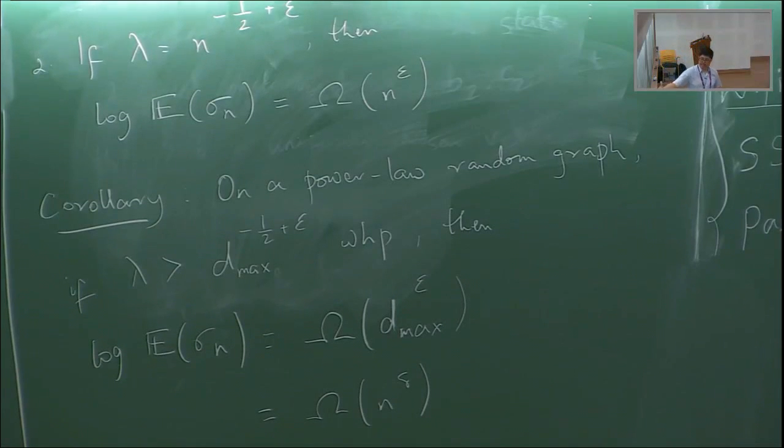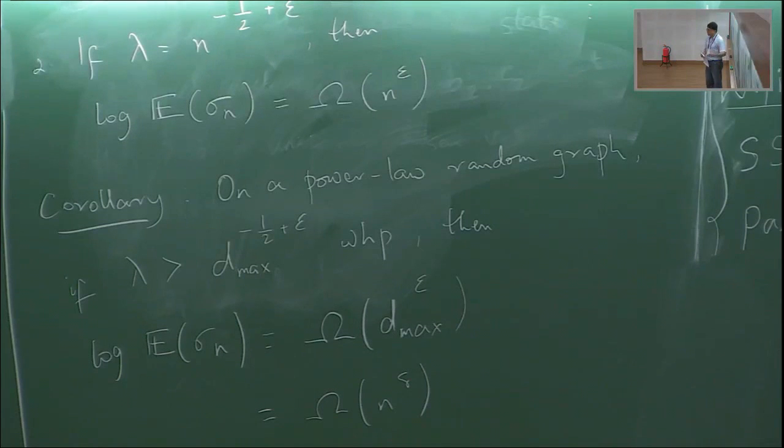Okay, so I'll just give a little bit of intuition about the proofs of these two results, the general upper bound on the epidemic lifetime and the general lower bound.